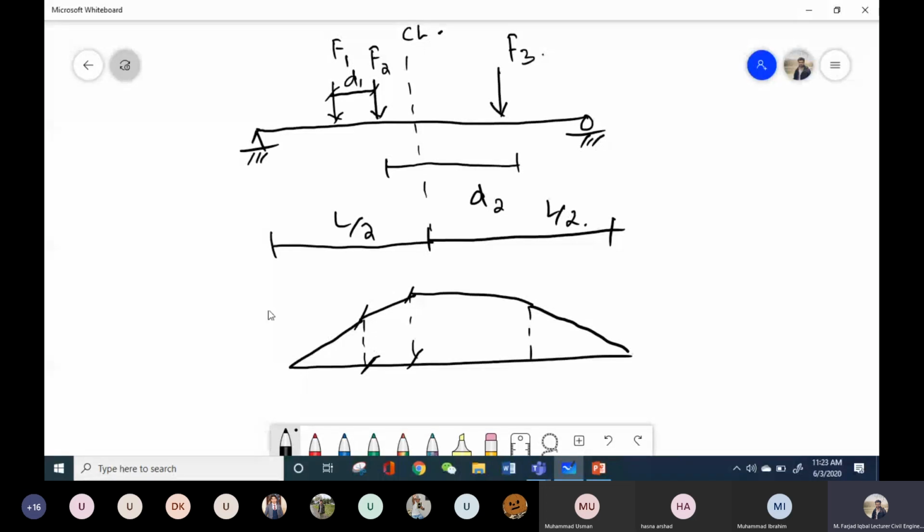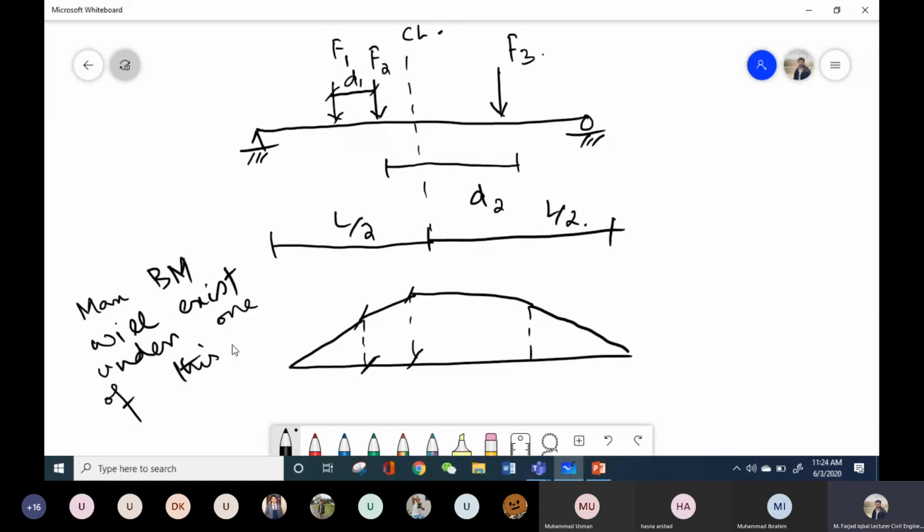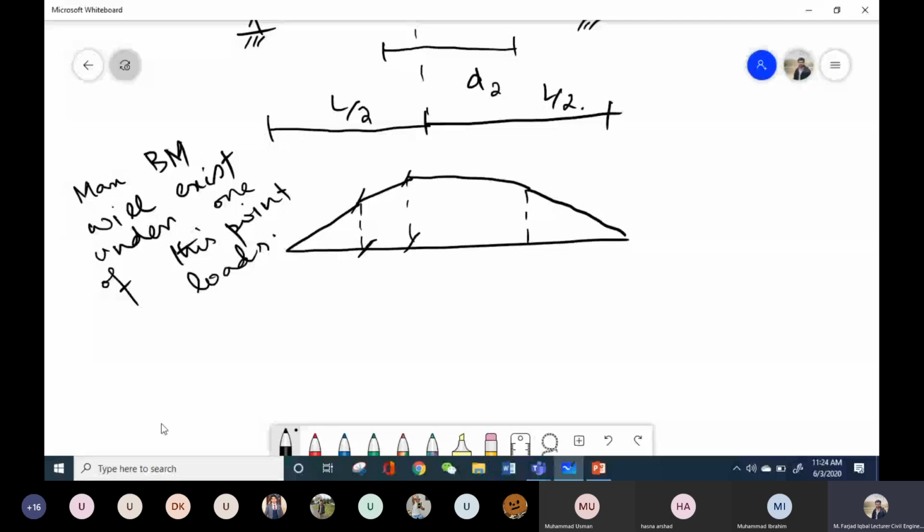But this statement is universal: the maximum bending moment will exist under one of these point loads. But we don't know which point load. So for now, we will assume that the maximum bending moment is existing under F2.